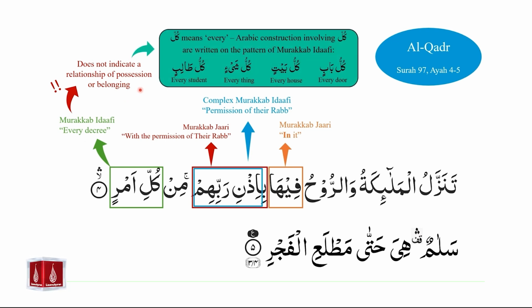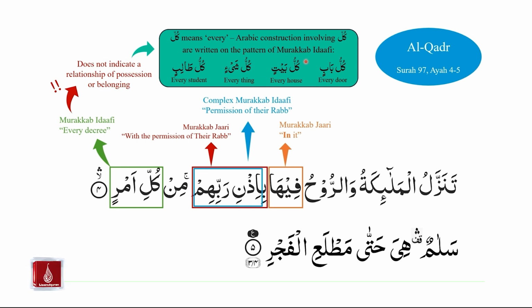Please note that kul means every. Arabic constructions involving kul are written on the same pattern as murakkab izafi. For example, kullu talibin, every student. Kullu shay'in, everything. Kullu baytin, every house. Kullu babin, every door.